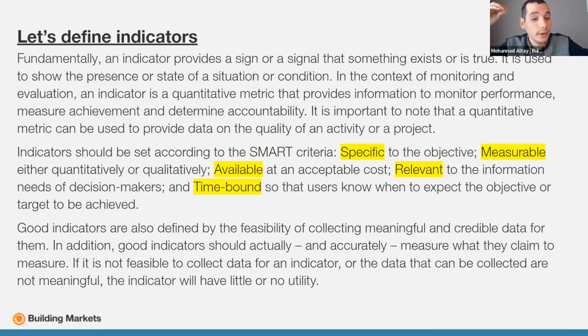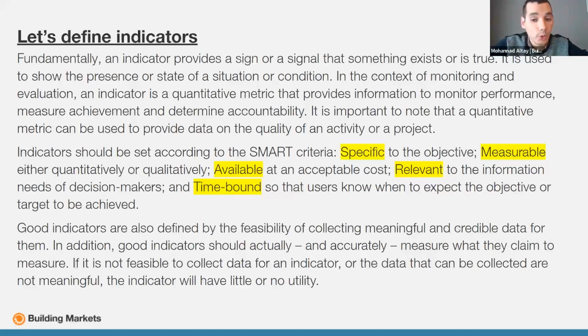It's a list of five items that you are always recommended to follow when you are writing or developing these kinds of products. The SMART criteria stands for the following five items: specific, measurable, available, relevant, and time bound.